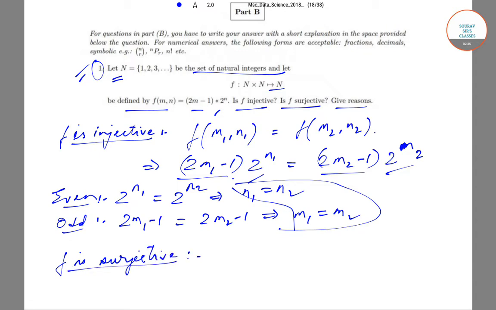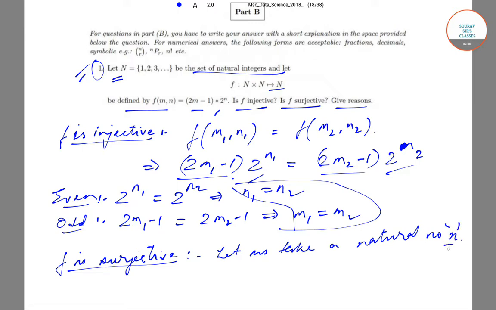For f to be surjective, what we'll try to do is take a natural number, suppose small n. This is a natural number.